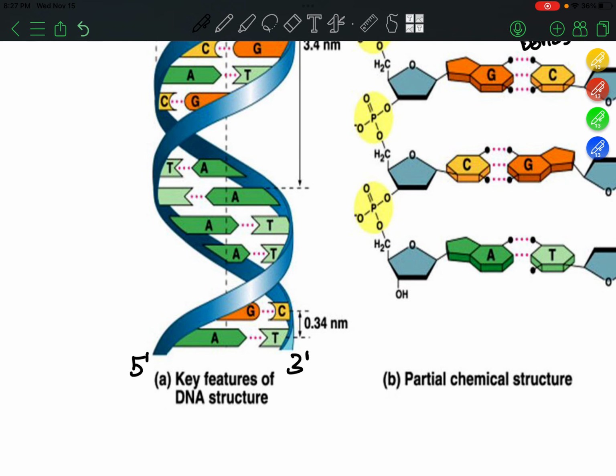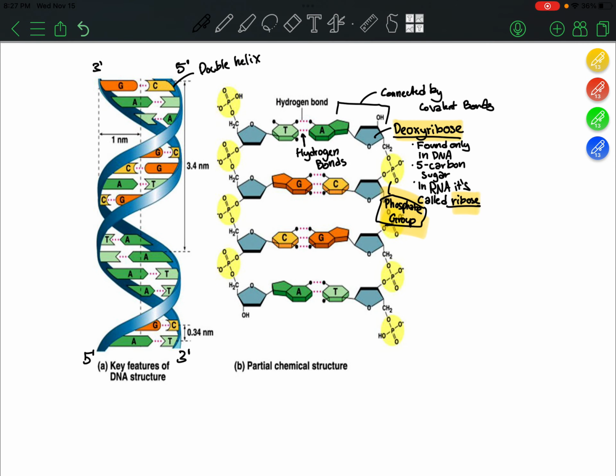You won't know why it's 5 to 3 and 3 to 5 until the DNA replication test, and when that happens, I'll go into a whole lot more detail. It's just based on the sugar, where the carbon is in the strand. Don't need to memorize it. You just need to know that one strand goes 5 to 3, and the other strand goes 3 to 5.